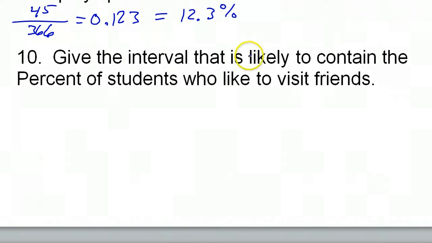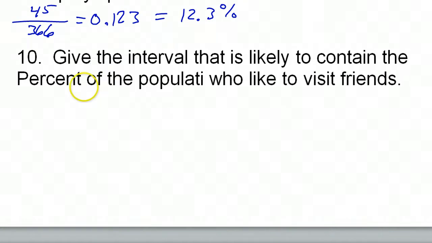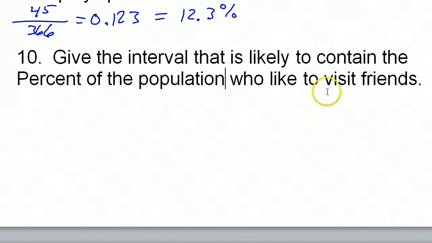Anyway, give the interval that's likely to contain the percentage of students in the population who like to visit friends.